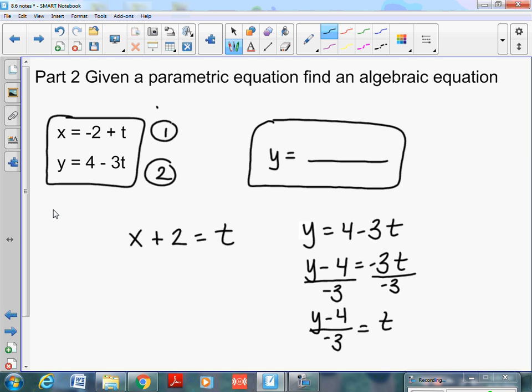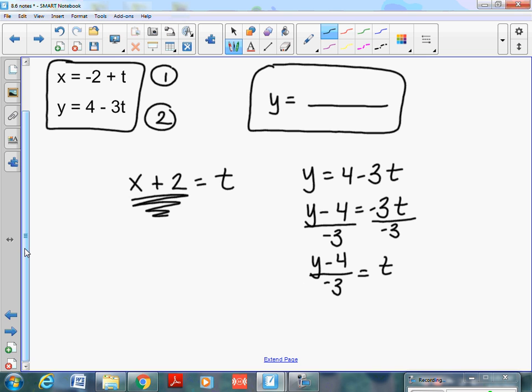Okay, so all I did was get t alone in both equations. And since they both equal t, all I'm going to do is set them equal to each other. I'm going to set x plus 2 equal to y minus 4 over negative 3, because they both equal t.